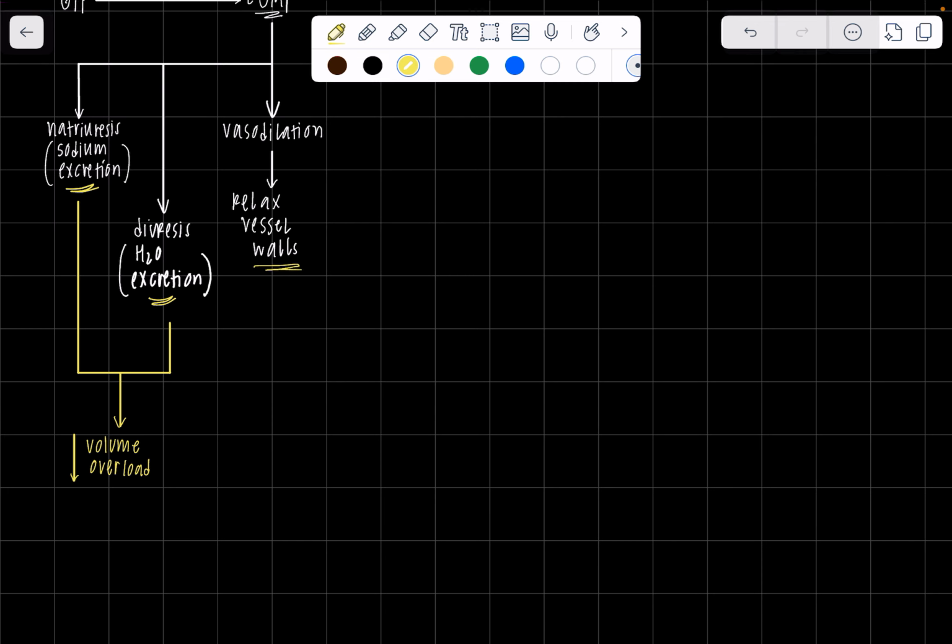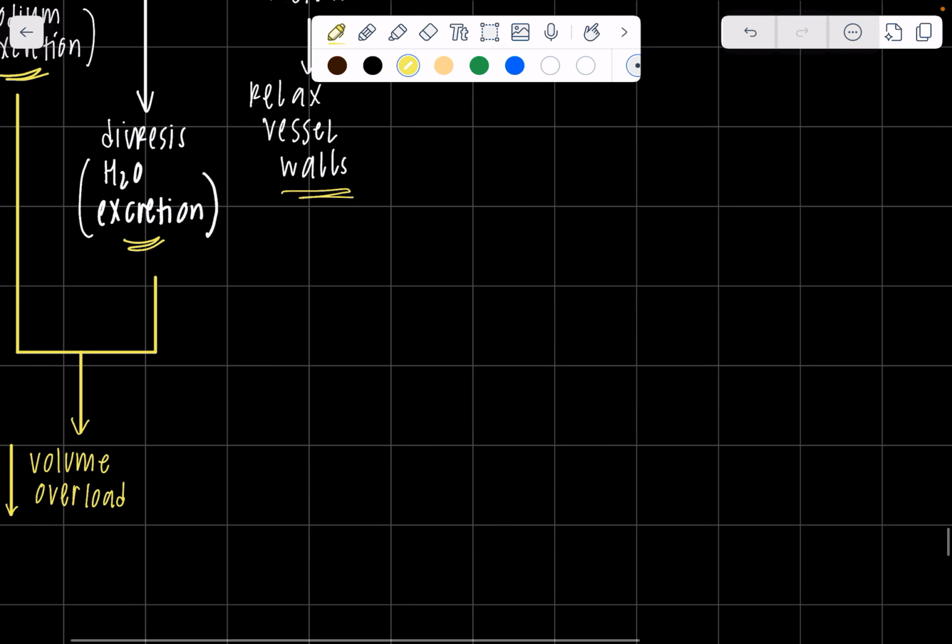When we relax the vessel's walls, we decrease the force that we're pushing on the blood within those vessels. And think about it more broadly, we are decreasing the amount of systemic vascular resistance on the venous blood that's coming back to our heart, specifically back to our right atrium.